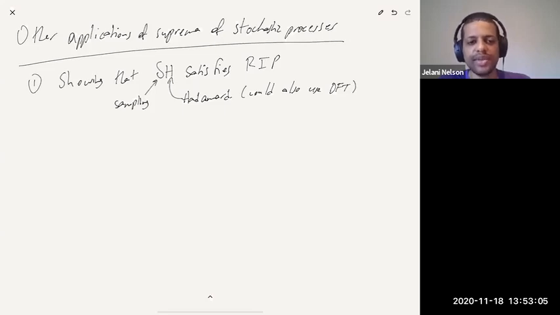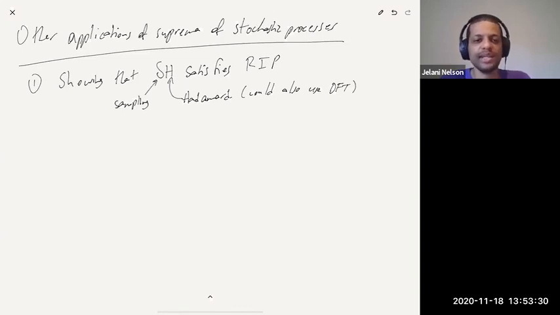So how do you actually prove that SH satisfies RIP? I'm not sure that we'll have time to talk about it today. If we do at the very end, I can say a little bit more. But basically, you can write down what you want to bound, and then do a few standard tricks to turn it into bounding the supremum of a Gaussian process.